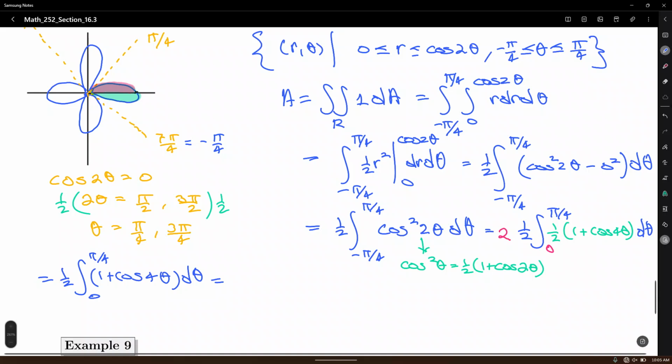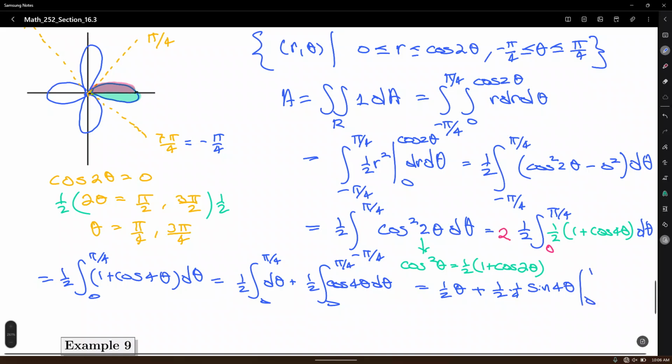So that'll be 1/2 the integral of d theta plus 1/2 the integral of cosine 4 theta d theta, from 0 to pi over 4 for both. The integral of d theta, come on, that's just theta, and let me say the limits for later, plus 1/2 times 1/4 times the integral of cosine, which is sine 4 theta, from 0 to pi over 4.